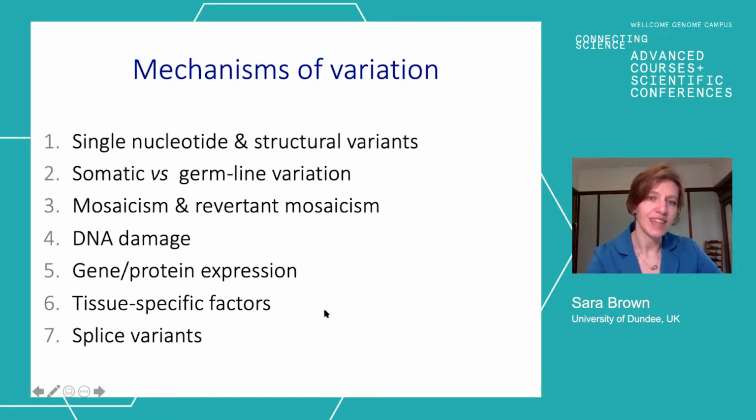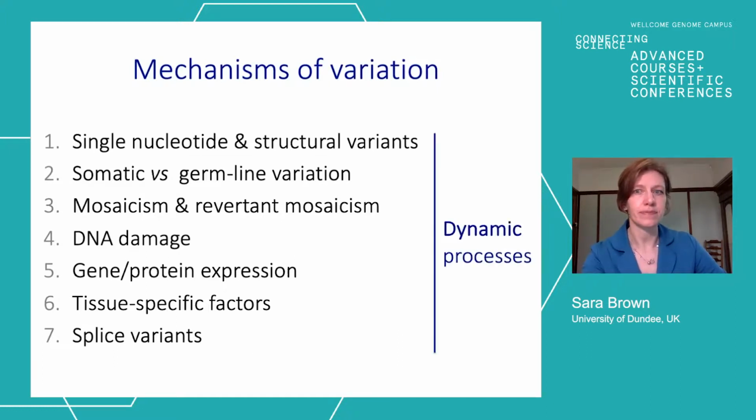So again, in skin, we're very fortunate to be able to study tissue specific events in our tissue of interest. And then splice variants, which you'll have heard about in the introductory talks, add an extra layer of complexity. And again, to re-emphasize, these are all dynamic processes. This isn't something that's set in stone at one point in development. These can occur throughout the lifespan.